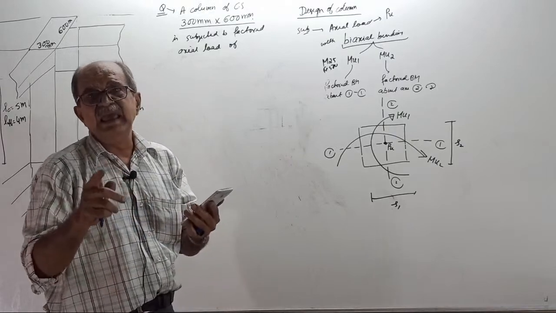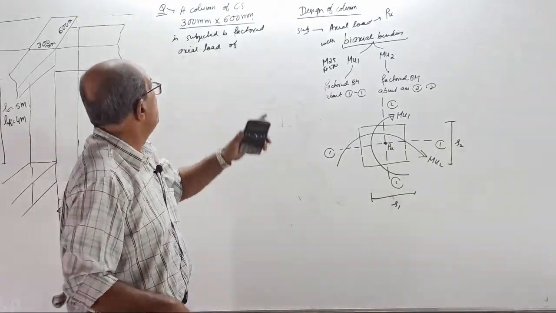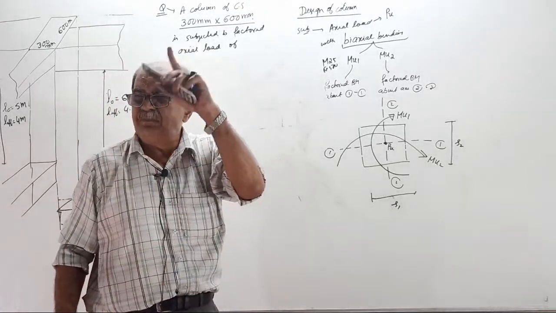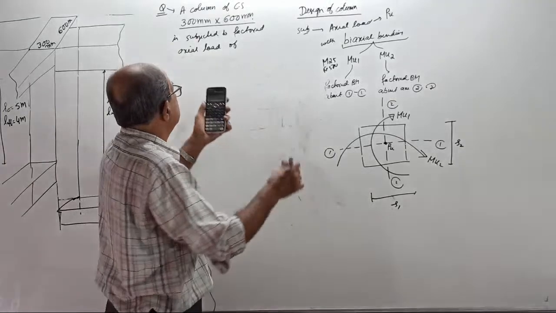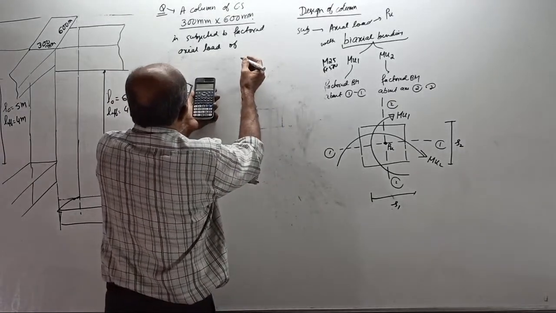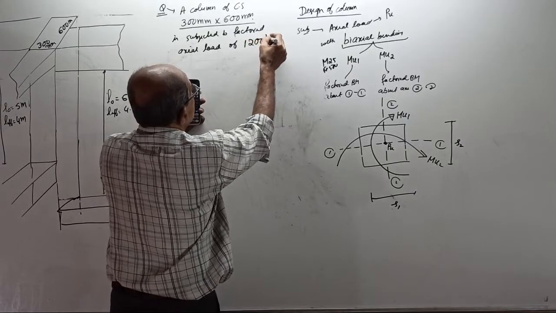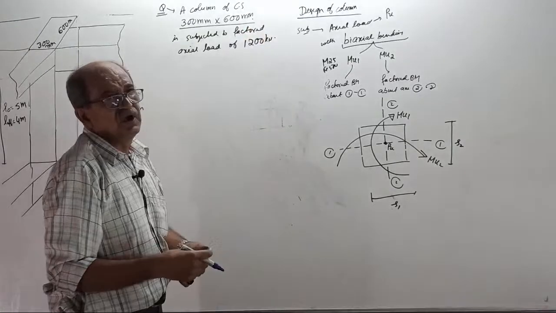I am directly giving you the factored load. If a working load is given, you have to factor it. I told you repeatedly. Axial load of 1200 kilonewton. This is the actual load.